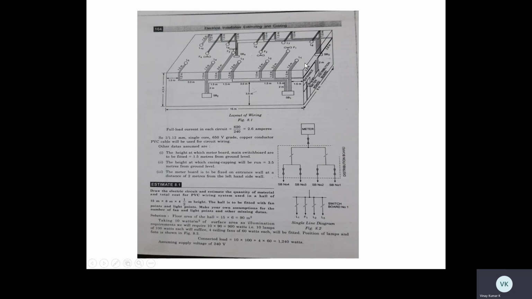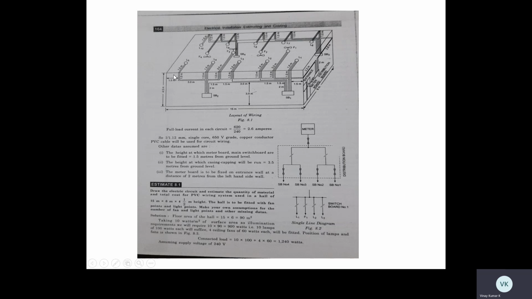I have to make my sub-circuit connection from the distribution board to lamp 5, so the amount of conduit or wire I require is a total of 15 meter. While selecting the number of lamps and fans, I told that the placing of lamps should be 1.5 meter from the wall and 1.5 meter from the ceiling.